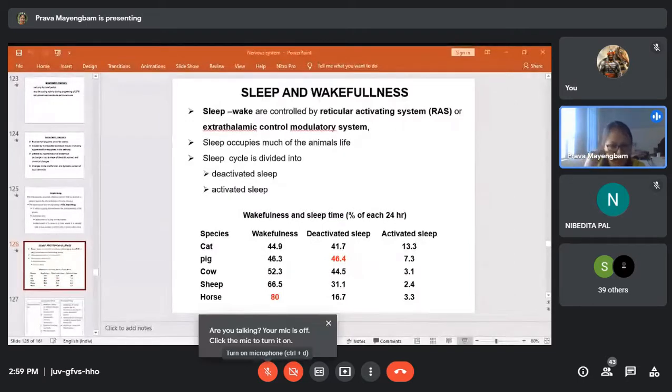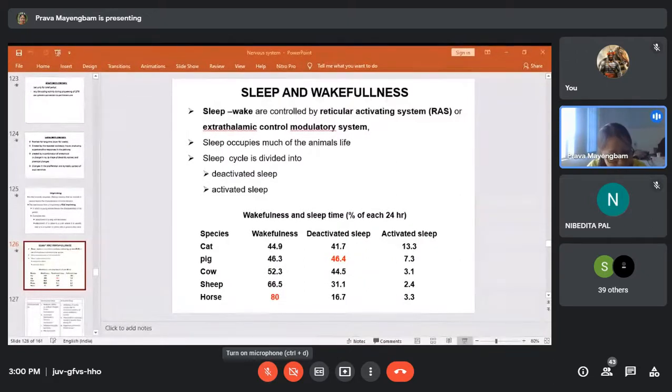But you see in case of horse, the last row, wakefulness is 80% and the remaining 20% is in sleep. That means horses spend less time in sleep as compared to other animals. But in case of the cat, about 45% is wakefulness, and 55% is in sleep.